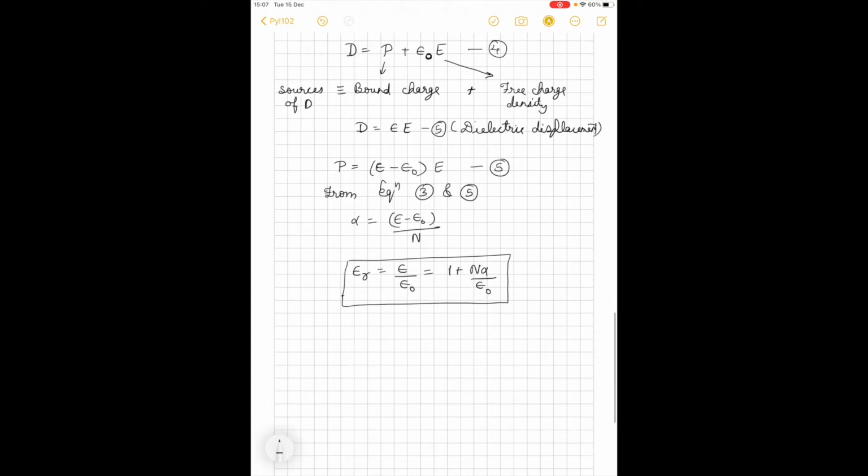And what is the importance of this equation, equation number 6?